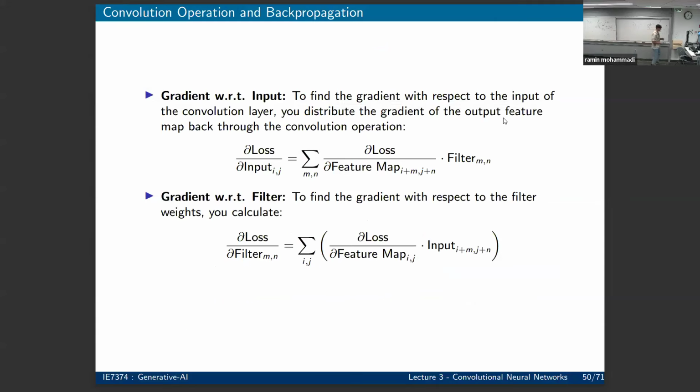And then we want to calculate the gradient with respect to the convolutional layer.